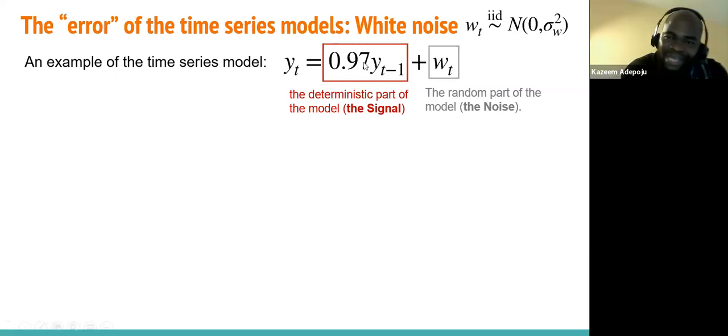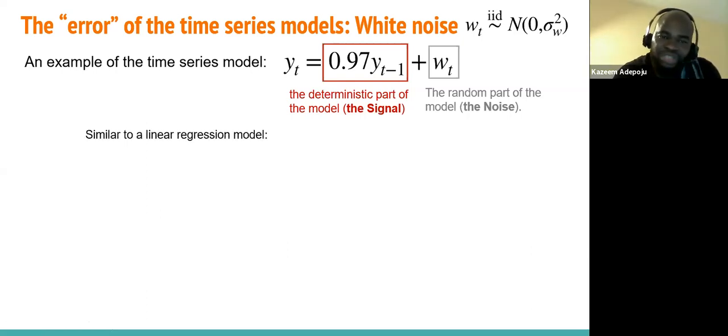And we believe the method that we're going to use in estimating parameters in such a model ensures that the random part will be drastically reduced. And if it's drastically reduced, we're going to call that noise. So that's exactly what I'm trying to tell you. And like I said, it is similar to the linear regression model.